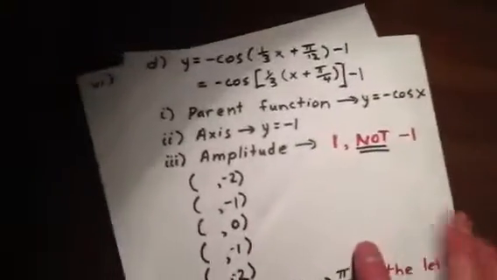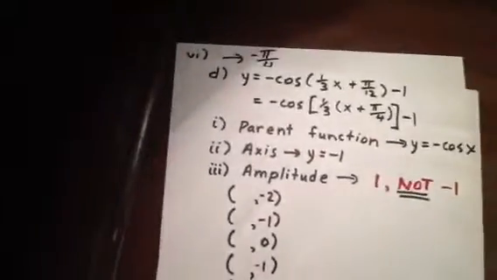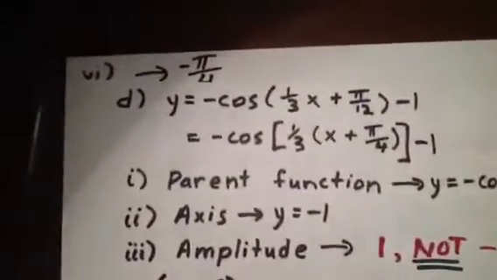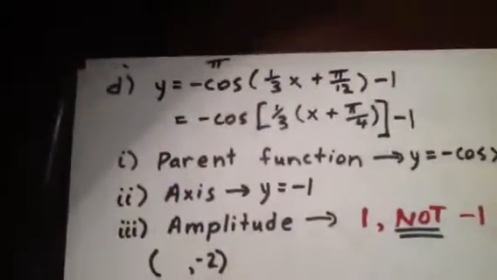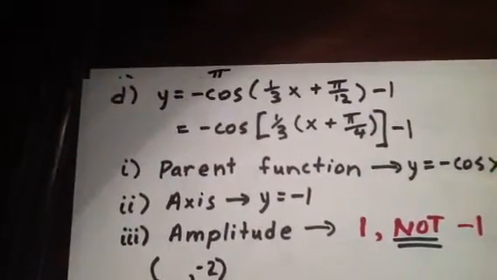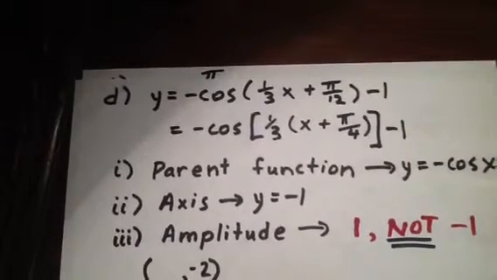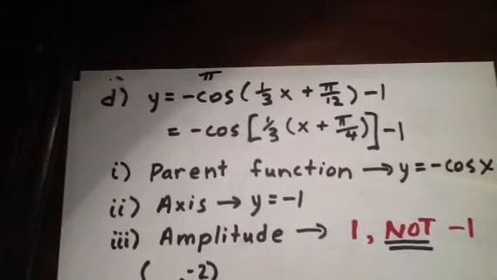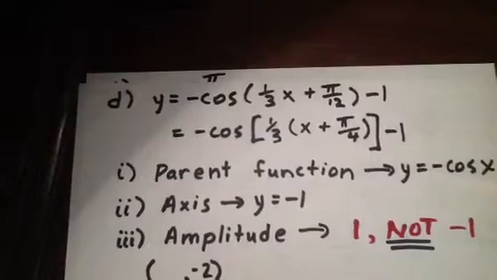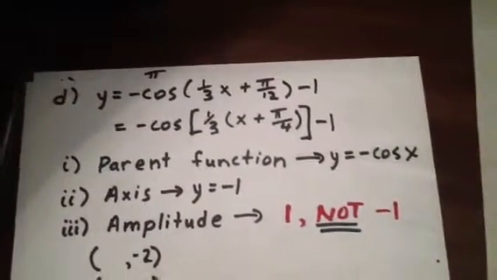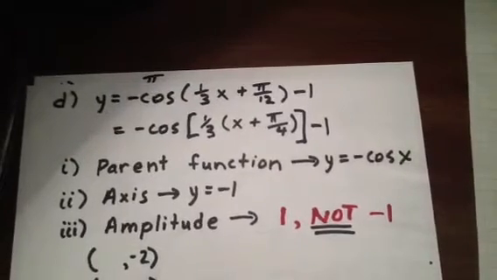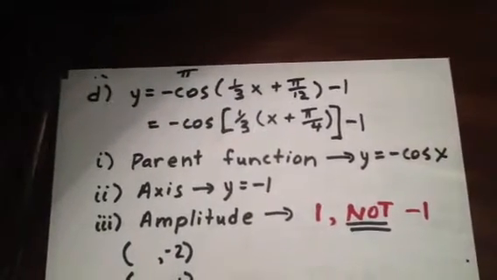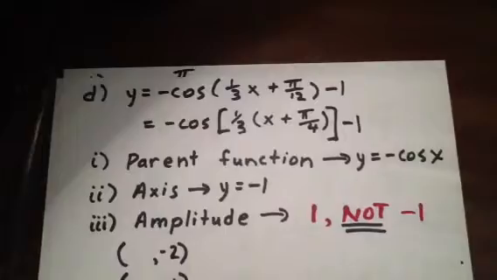Okay, so what we did is we first of all had to factor out the 1/3 in the argument. So 1/3 of x plus pi over 12 is equal to 1/3 of bracket x plus pi over 4. We then determined what our parent function was, and in this case our parent function is y equals negative cos x, because it's a cos curve with a -1 for a coefficient.